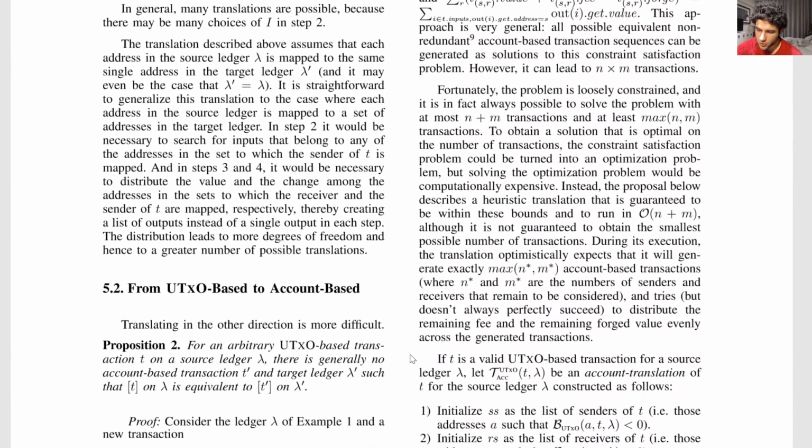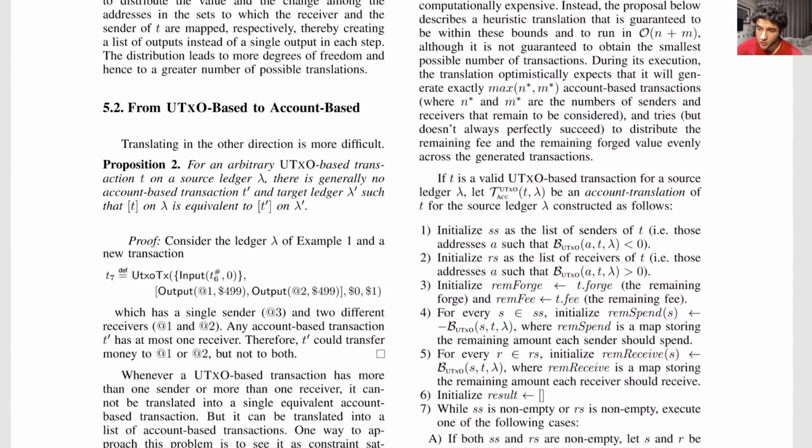So what does it look like when we're trying to go from UTXO back to the accounting-based model? This case is slightly more complicated because, as I mentioned before, in the UTXO case we can have multiple inputs and multiple outputs for any given transaction, whereas in the accounting-based case we only have one input and one output.